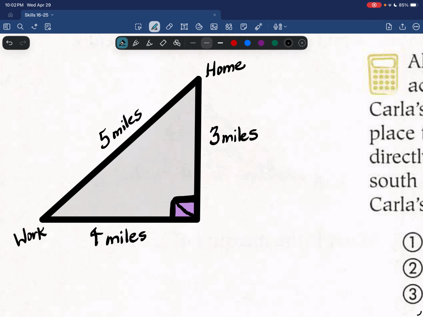So this is the type of problem we're looking at. The leg plus the leg in this one is 7 miles. If you follow the hypotenuse, you're only driving 5 miles. So you could cut 2 miles off of this trip. And that's the type of problem that Pythagoras was working with.